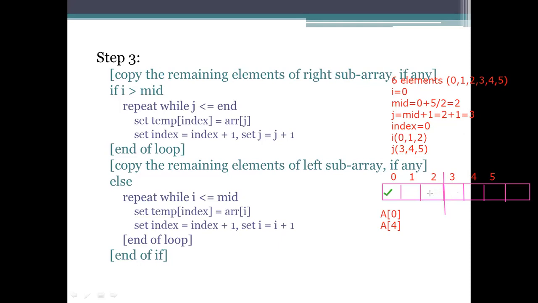Okay, and we need to process this until I is less than or equal to mid, and the remaining is j less than or equal to n. When we reach I equals 2, we need to stop the values being processed or stored into the temporary array, and stop when it reaches its endpoint.